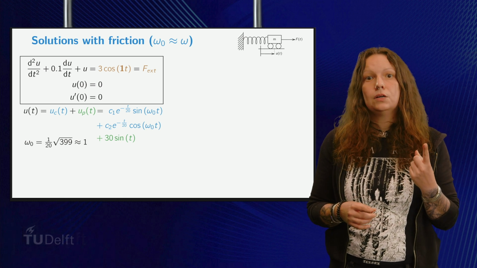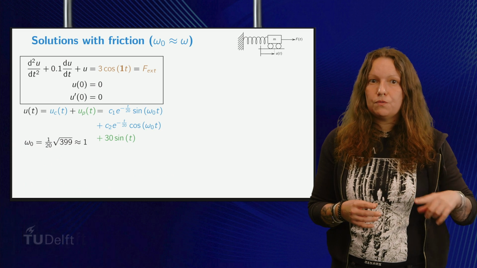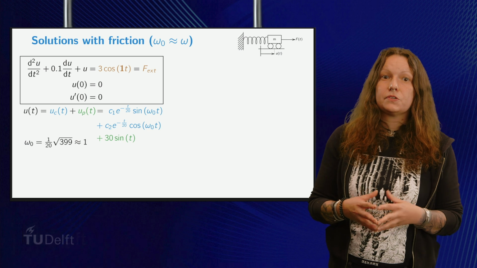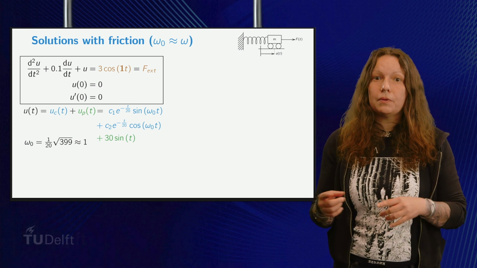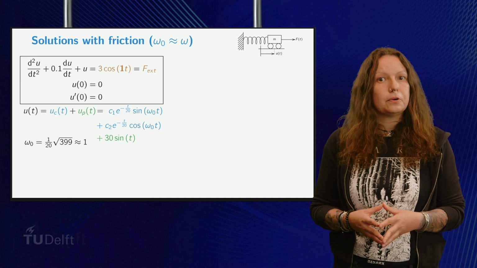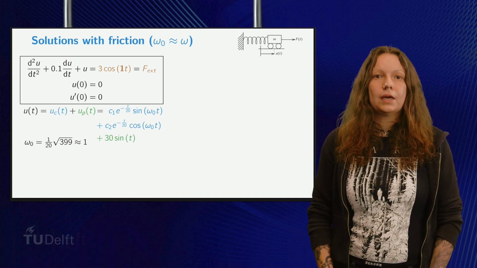The second term, up of t, is a steady-state term, a sine wave with amplitude 30. This combination gives us insight into both the short-term and the long-term behavior of the mass spring. Let us decompose it into parts to understand the mechanism at hand.